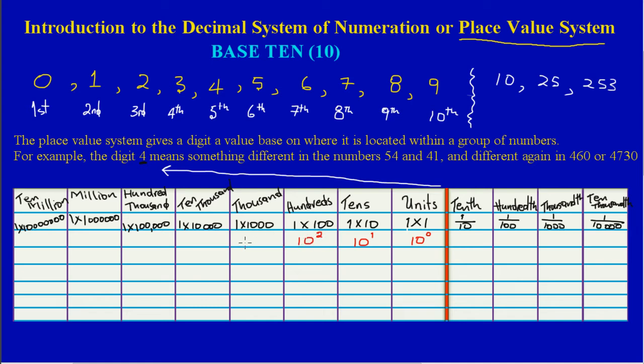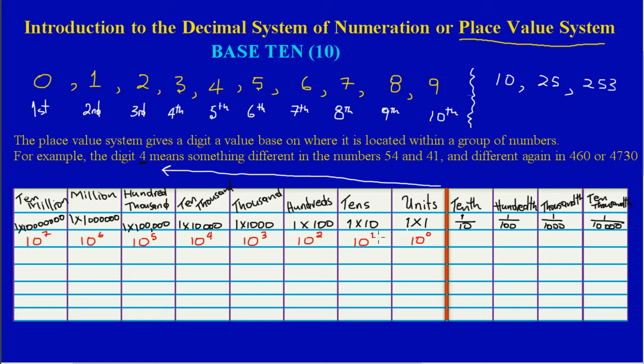All right, my thousand column is 10 to the power of 3. My 10,000 column is 10 to the power of 4. My 100,000 column would be 10 to the power of 5. And my million column here would be 10 to the power of 6. And my 10 million column would be 10 to the power of 7.